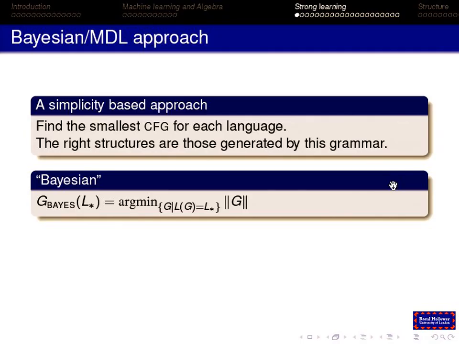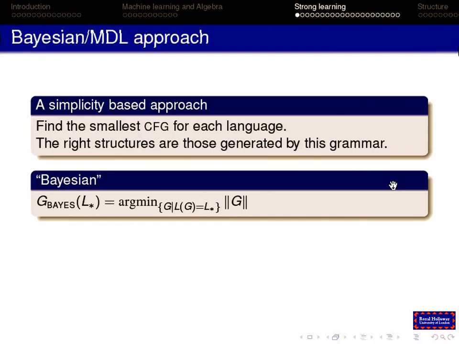Now, this is maybe a slide that goes some way towards helping answer Jason's question. So one way of learning a grammar might be to take some Bayesian or MDL type approach, right? I'm doing this a little bit informally, but let's say we just have an infinite data limit, and we figured out what the language is, and what we're interested in is the problem of finding the right grammar for this language.